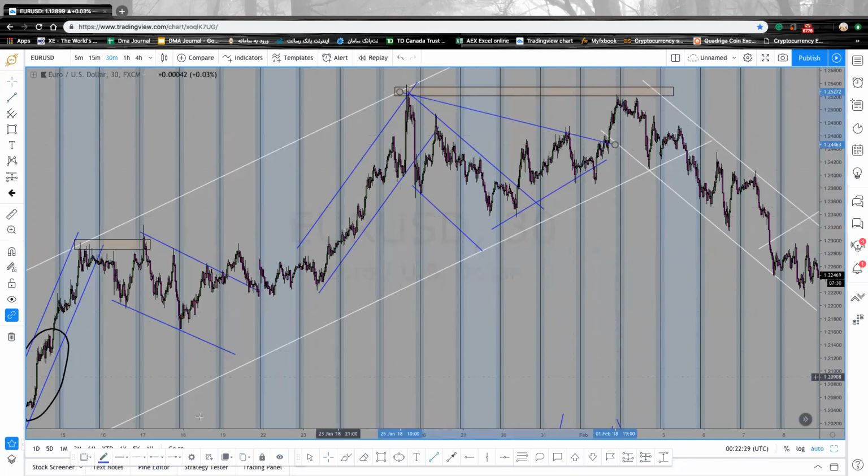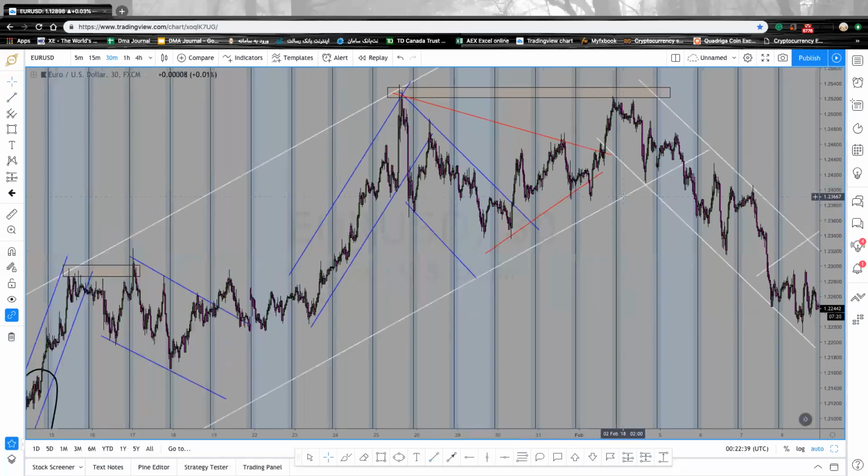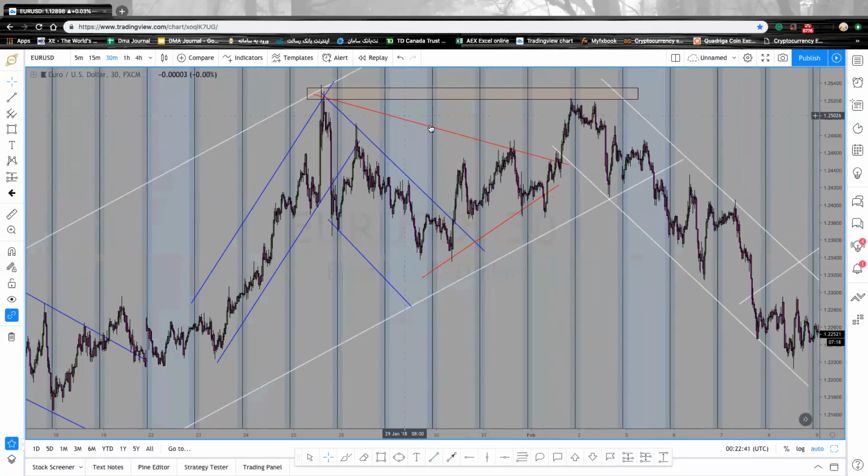Let me change the color of the signature trades. Why is a signature trade so powerful? Because it creates liquidity for the market. And when retail traders think of this as a resistance, right here is a breakout of a wedge, retest of a major resistance that is now support, and then it's gonna be broken.